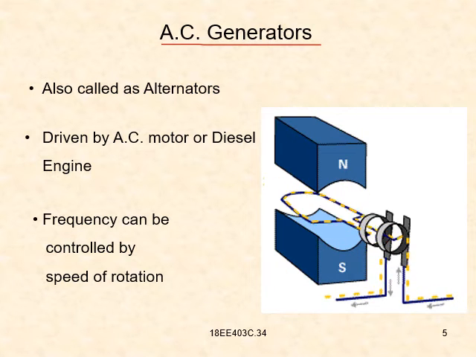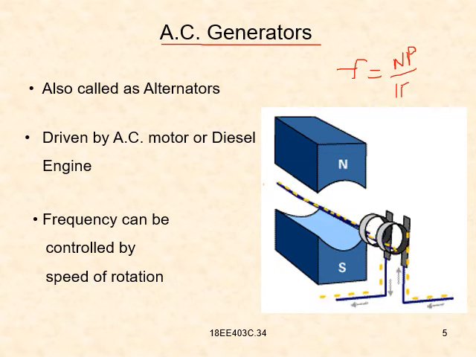You may know the formula for frequency: F is equal to NP by 120, where N is speed, P is the number of poles and 120 is constant.